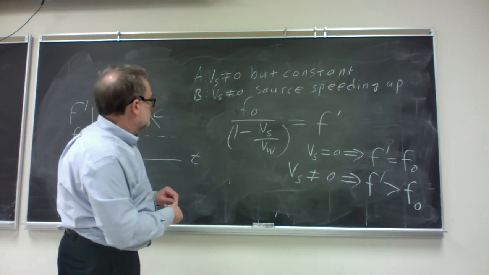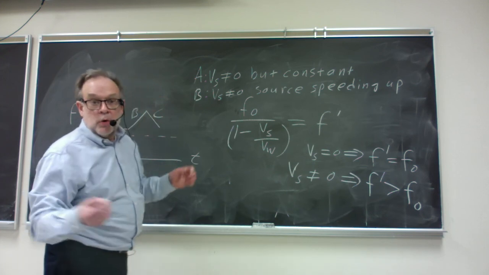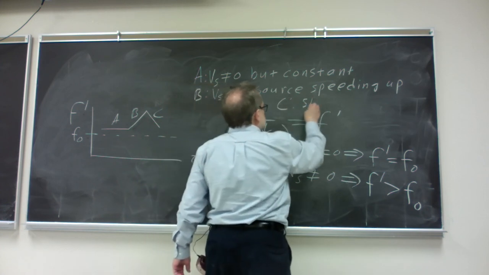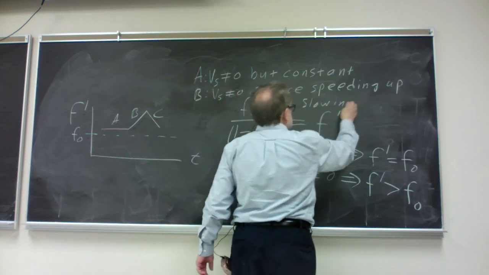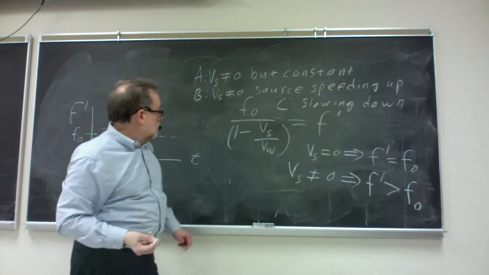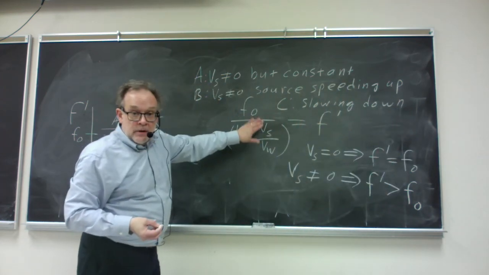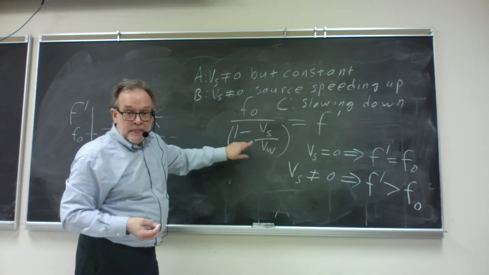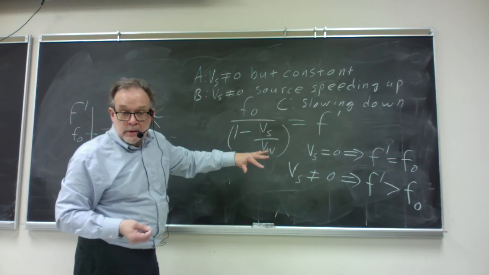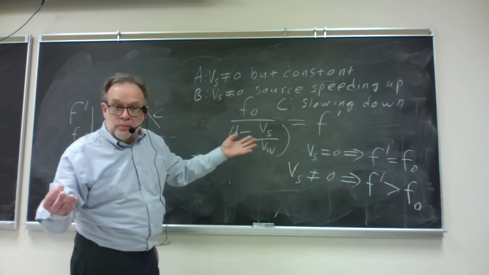And then in region C, just the opposite of what was happening in region B. The source is slowing down. This is decreasing, so this fraction is decreasing, so you're subtracting less and less from 1, leaving more and more left over after the subtraction.